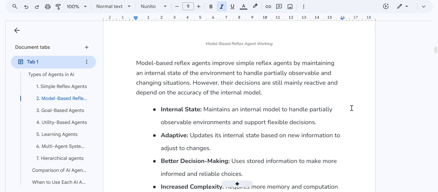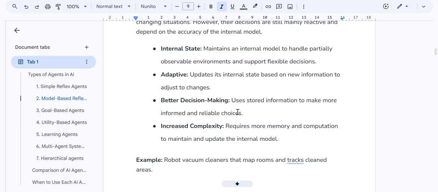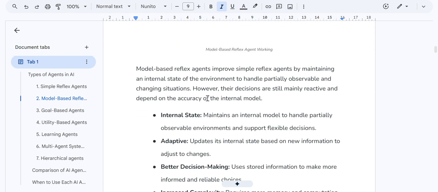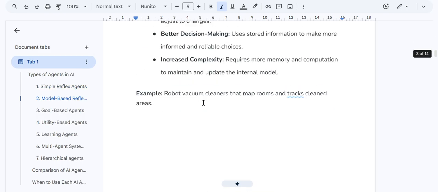There is also increased complexity, because of using the model, the LLM, large language model, which requires more memory or RAM or storage and computation to maintain and update the internal model. An example is a robot vacuum cleaner that maps rooms and tracks cleaned areas. It's a simple example of a model-based reflex agent.